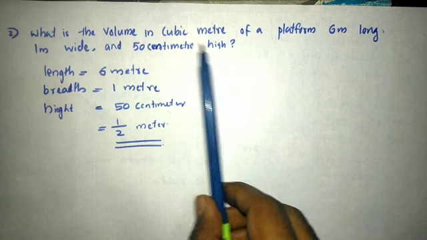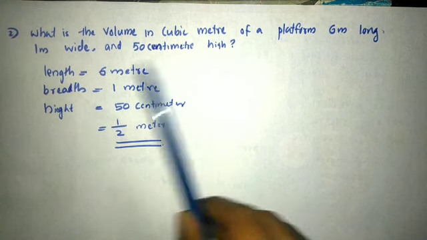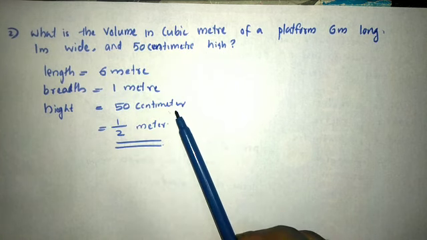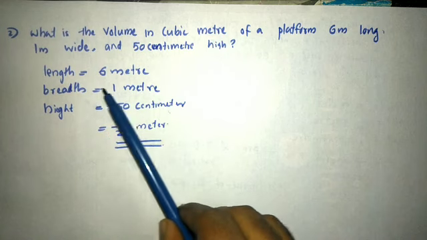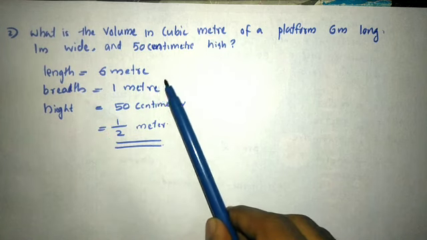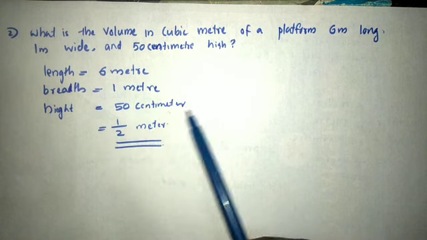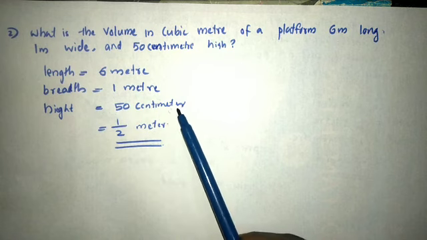At first we can write the length 6 meter, breadth 1 meter, and height equal to 50 centimeter. Here the length is in meter, and breadth 1 meter is also in meter, and this is the odd one because this is 50 centimeter.